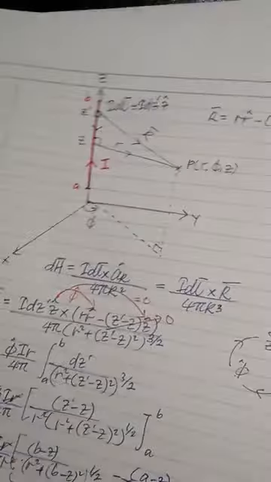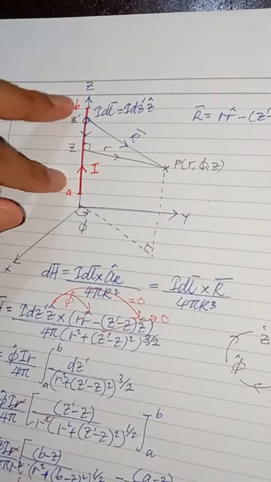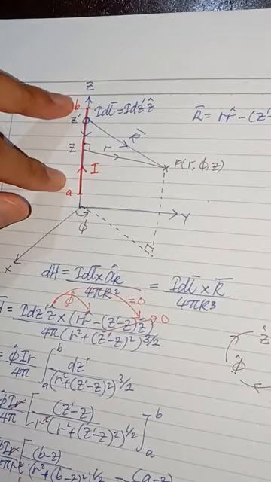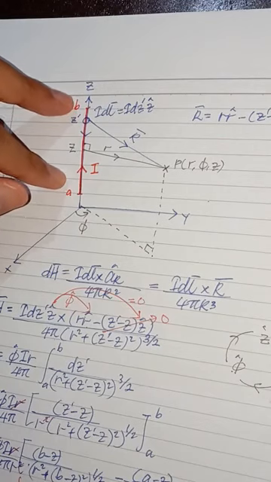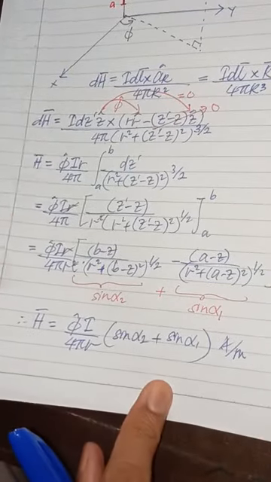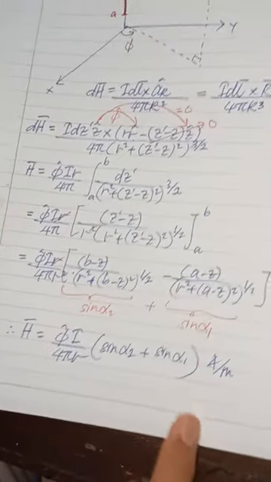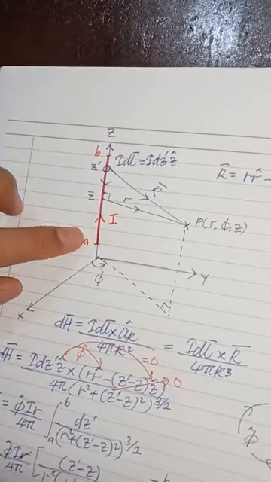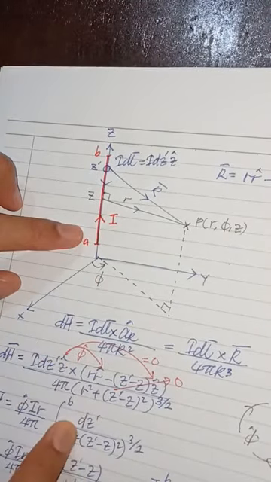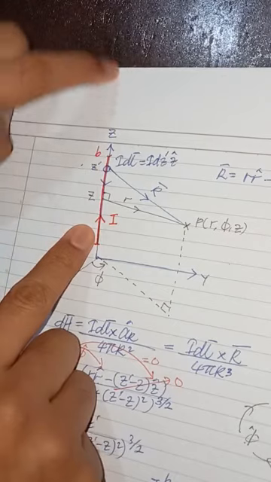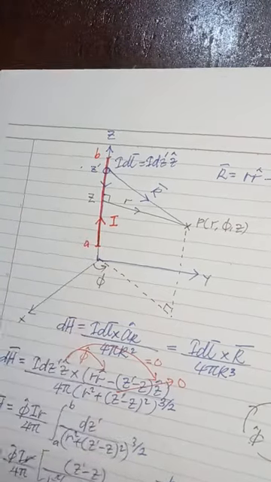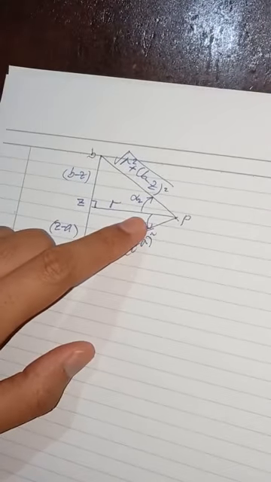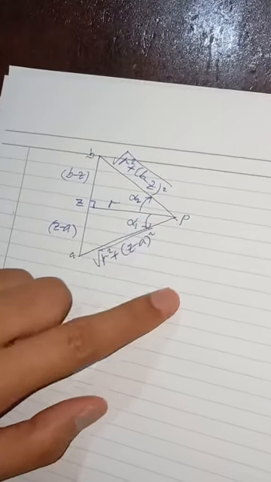So now I would like to draw your attention. What happens if, let's say, we have a very long line current? What's going to happen, or what has to change in the equation down here? If you look closely at this diagram, if we extend the line current very long downwards and very long upwards along the z-axis, you will see that this alpha 1 will reach approximately 90 degrees, as I show you down here.